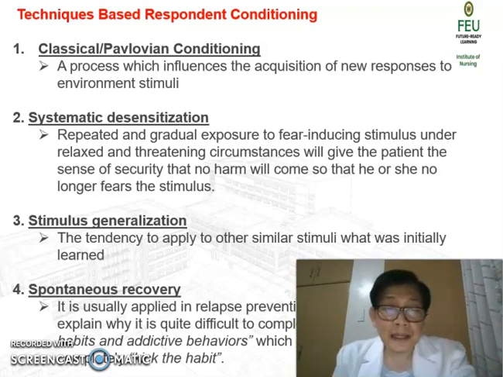And spontaneous recovery is usually applied in relapse prevention programs and may explain why it is quite difficult to completely eliminate unhealthy habits and addictive behavior, even when one claims to have completely kicked the habit.